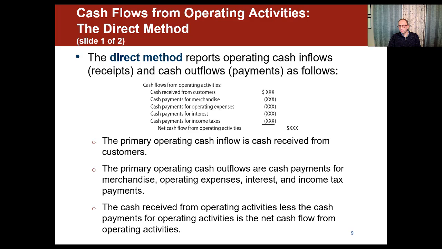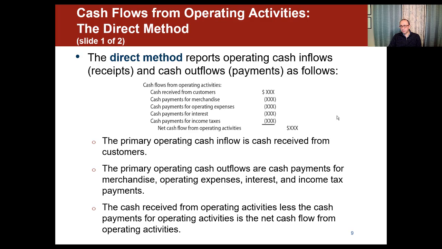You can see that without the parentheses, these are inflows. With the parentheses, these are outflows because they're going to reduce your cash balance. We add all these different levels of cash receipts and payments, and you get the net cash from operating activities as a total here.